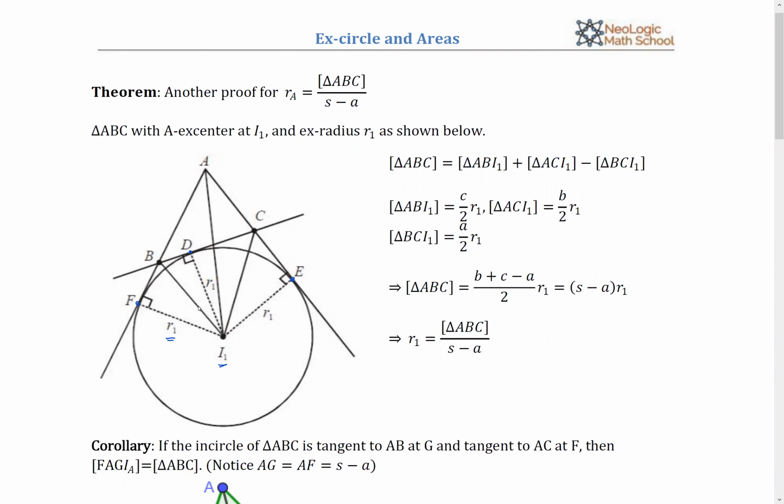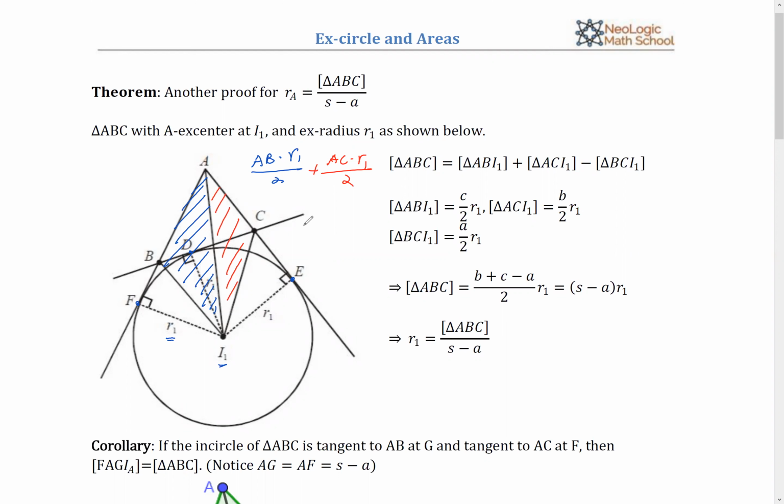So actually, if we think about the area of this triangle, the area of this triangle is AB times the height r1 divided by 2. And then the area of this triangle, that is AC times, again, the same height, r1 divided by 2.